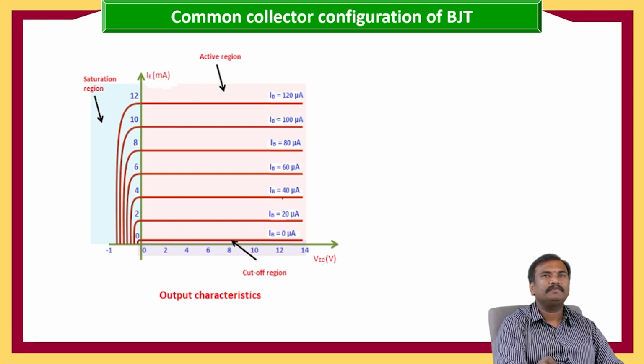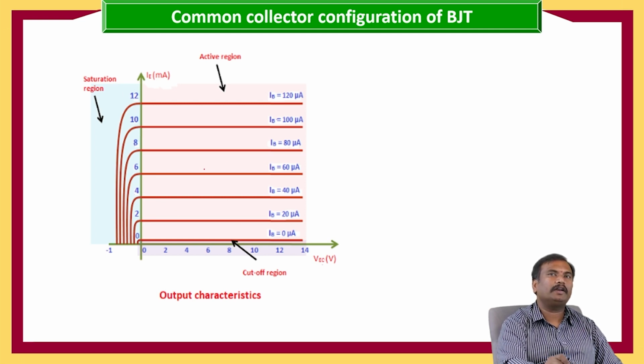In the same way, when we go with 40 microamperes of base current, the emitter current reaches 4 milliamperes and maintains it constant.